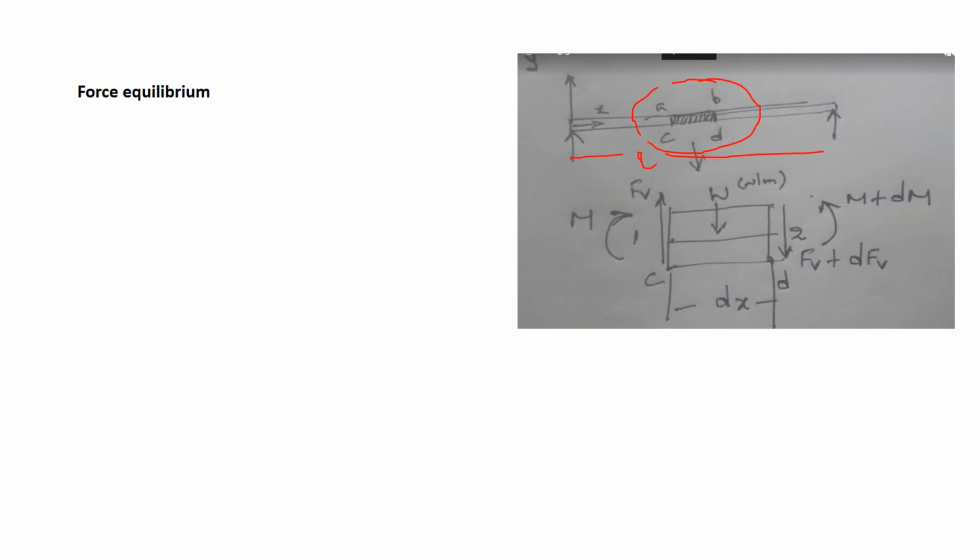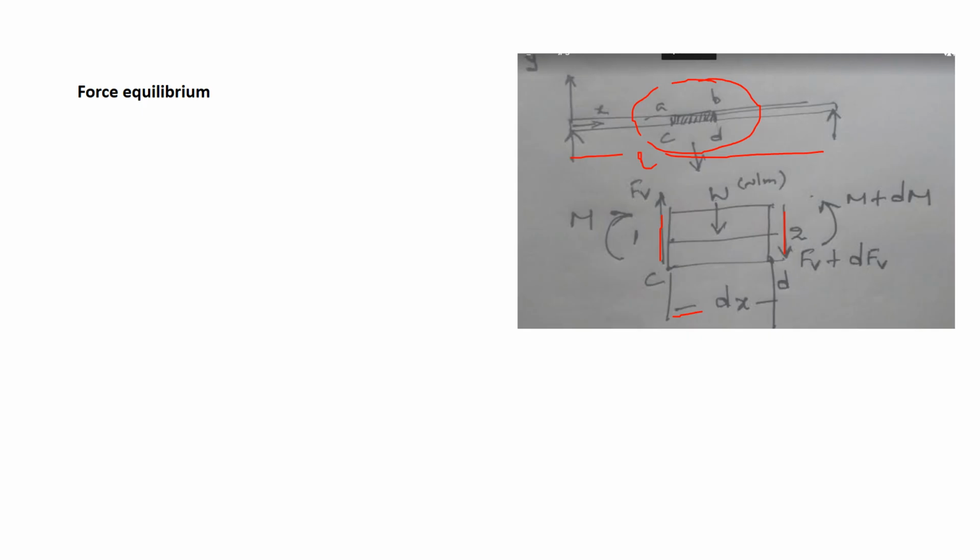Suppose the force acting on one side is an upward vertical force Fv, and in the downward direction on the other side. It has some displacement dx for this element. Similarly, the moment on this side is M and on the other side is M plus dM, because of this change in length of this element.